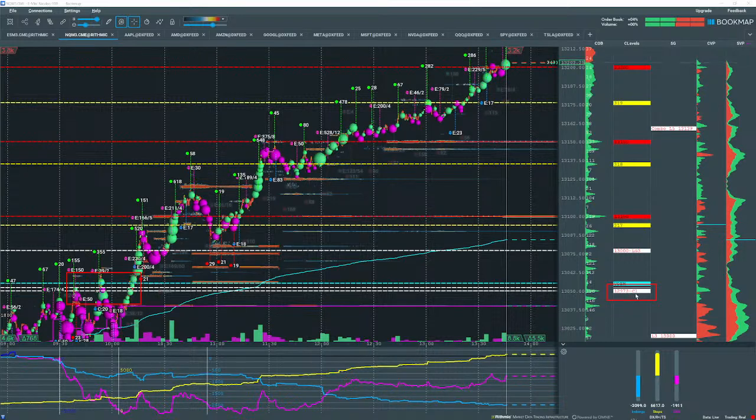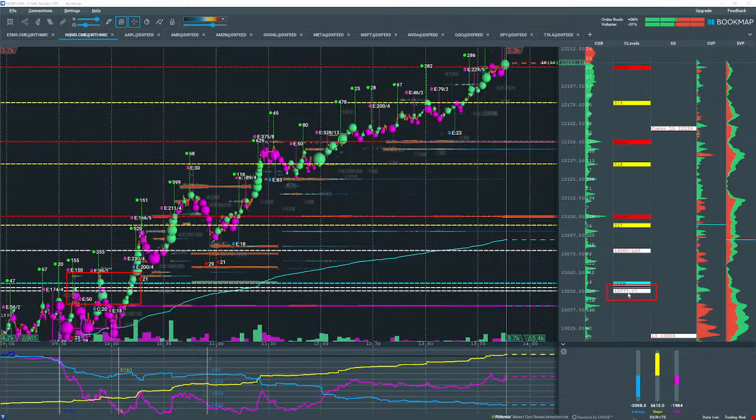12,973 combo 1 level. So that means it's a combination of NDX and QQQ gamma combined into one number, and then converted to an equivalent NQ number. And I'm actually using a 77-point difference between NQ and NDX.